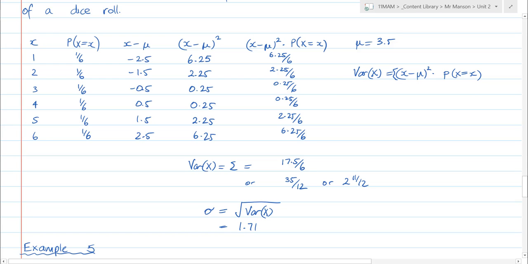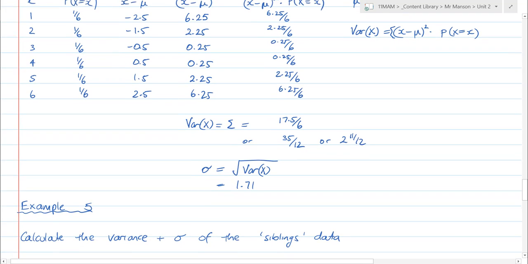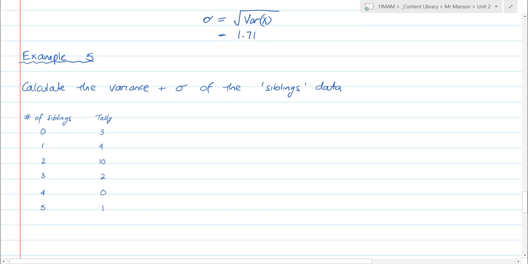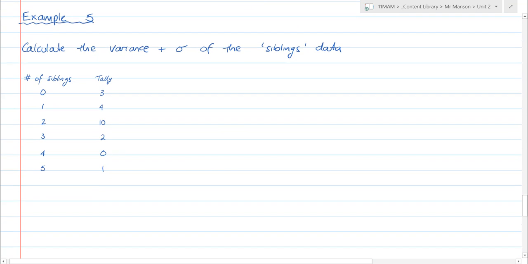Any questions on that? That's variance and standard deviation. It just follows that table formula, and you can build an understanding out pretty quickly. Let's do the same thing for the sibling data. With the siblings data, because of the way the data's heaped together, and the range is 5 again, I would expect the standard deviation to be probably a bit smaller, because I'm less likely to get the outliers than I was in the previous set of data, and the range is the same.